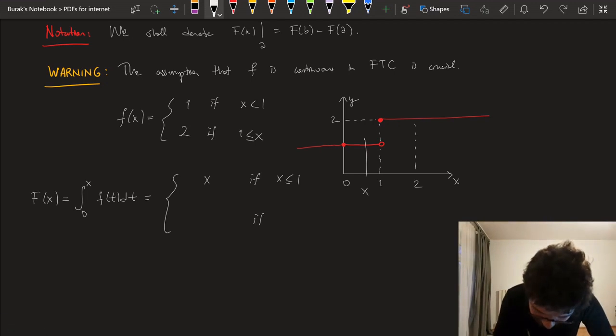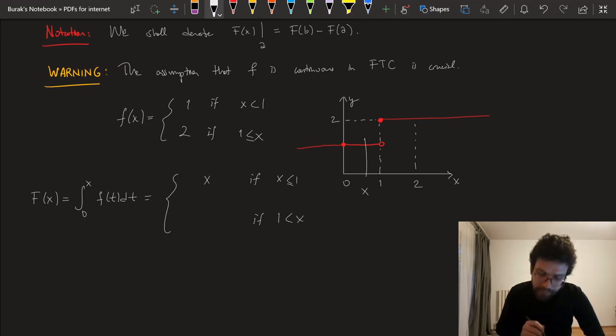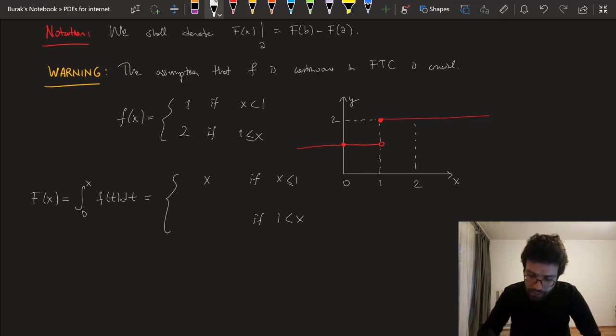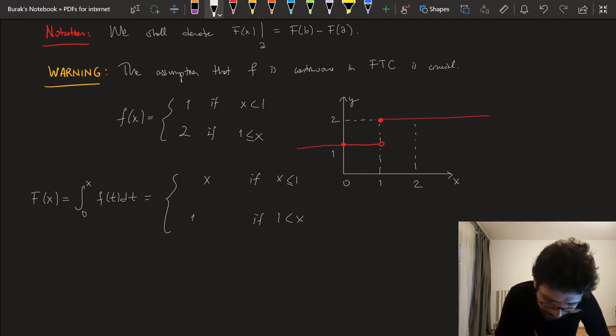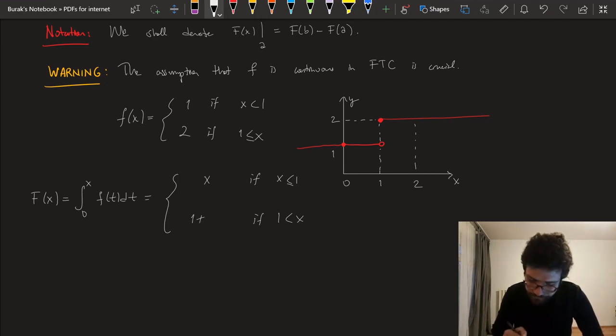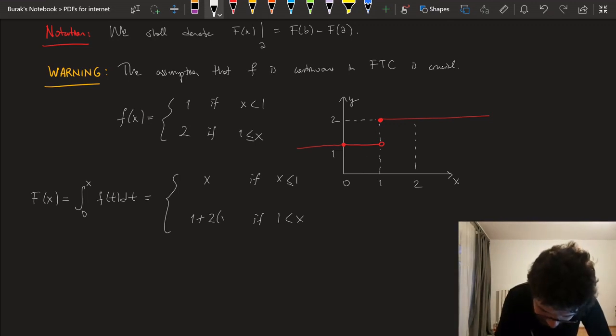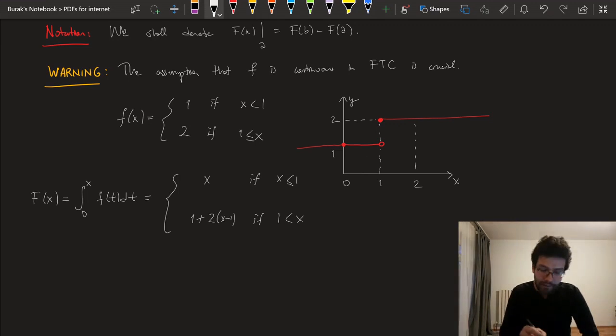And for points bigger than 1, what's going to happen is it's going to be 1 plus 2 times (x minus 1).